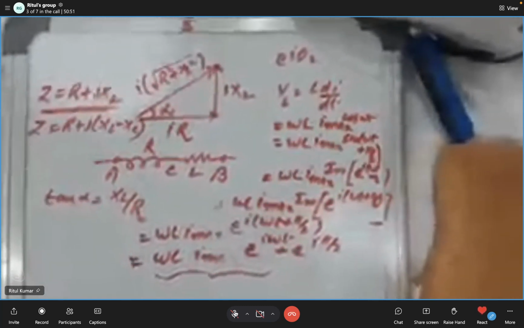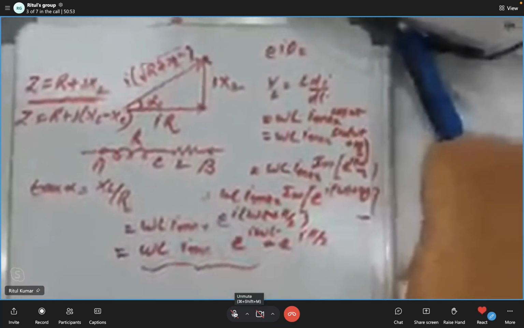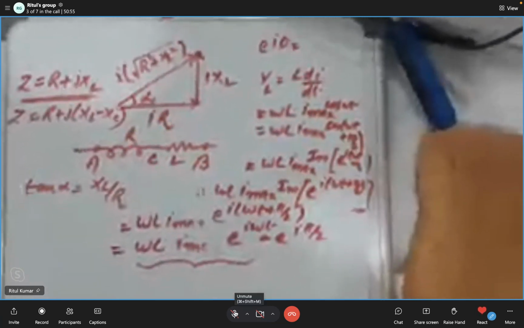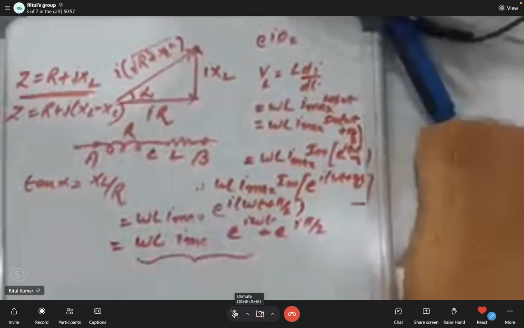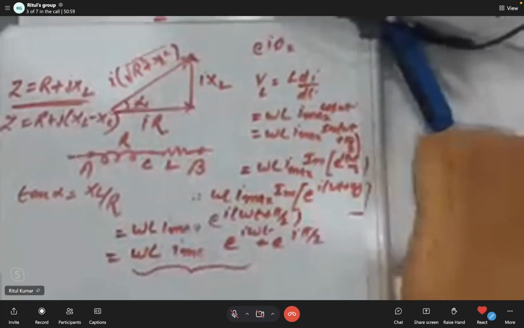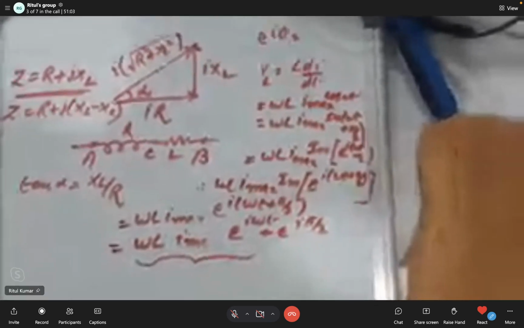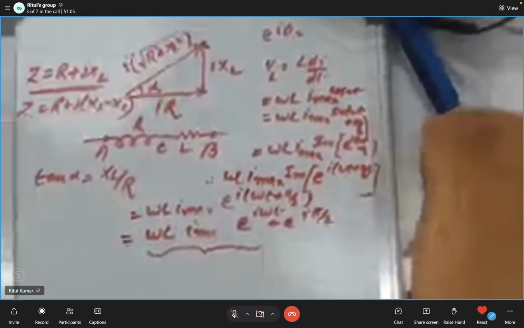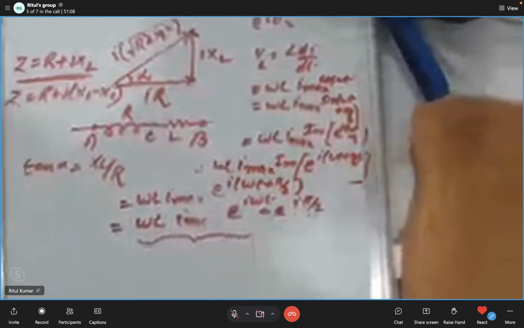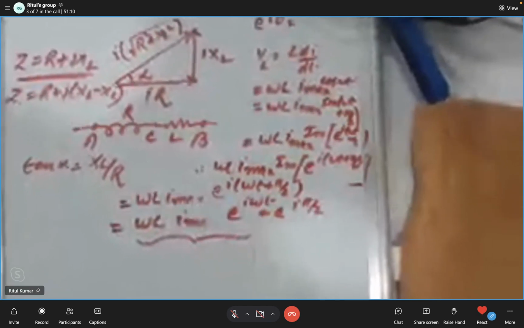Right, dear? There we filter out direct current by use of a capacitor. C is infinity and F is 0 at least. There we use it in electronic circuits, not here. Here that doesn't merit.